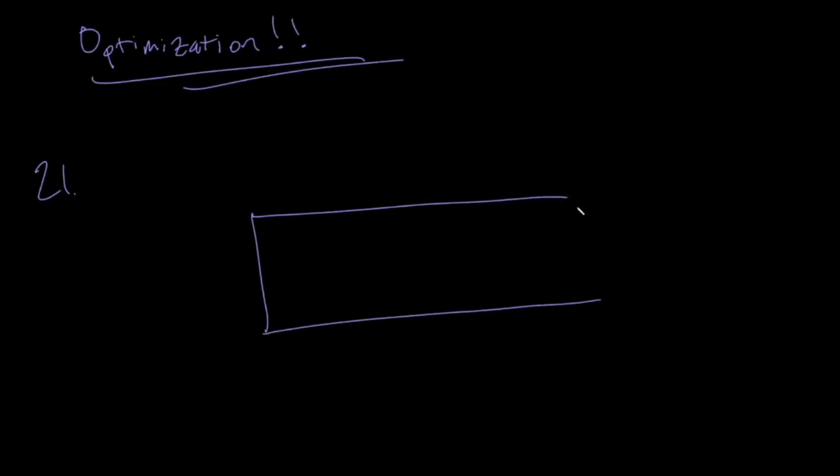What is 21? We have an 8 by 3 rectangle that we are cutting square bits out of, which we will fold up to make a little open box.